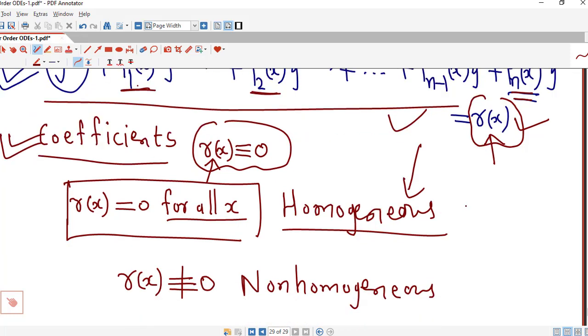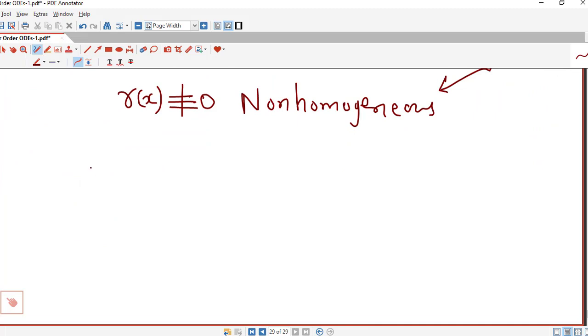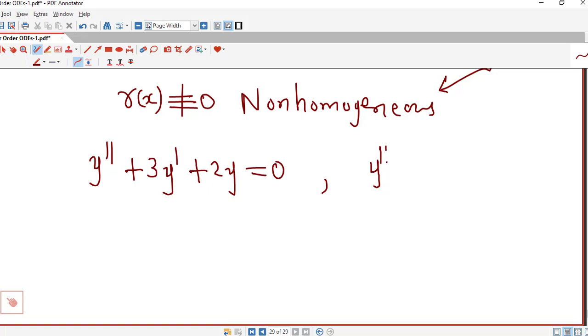If right hand side is non-zero, this equation is known as non-homogeneous. For example, y double dash plus 3y dash plus 2y equal to 0, and suppose for the same equation on the left hand side we have the same terms, and on the right hand side we consider, say, e raised to 2x.